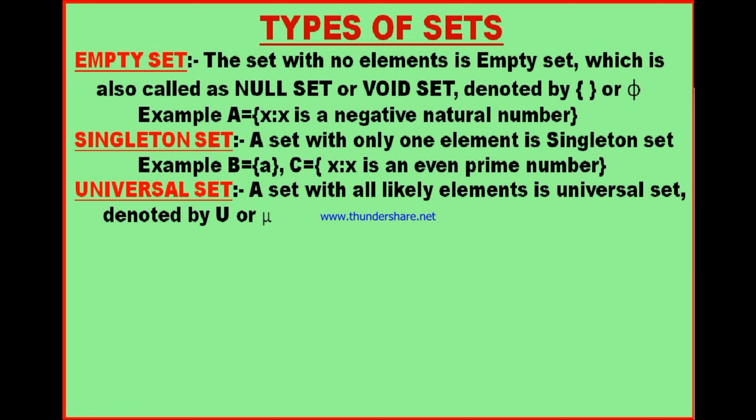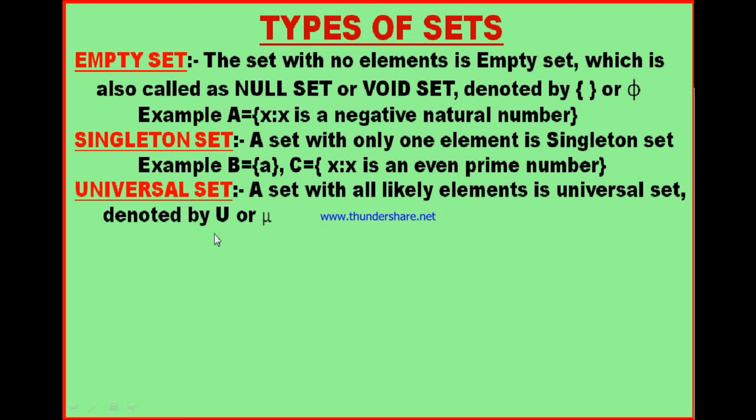Therefore, if we consider the total set of students in a school as the universal set, from this universal set you can pick the remaining sets. Therefore the set of students in the school is called the universal set, meaning a set with all likely elements. From this universal set only you can list out the remaining sets.